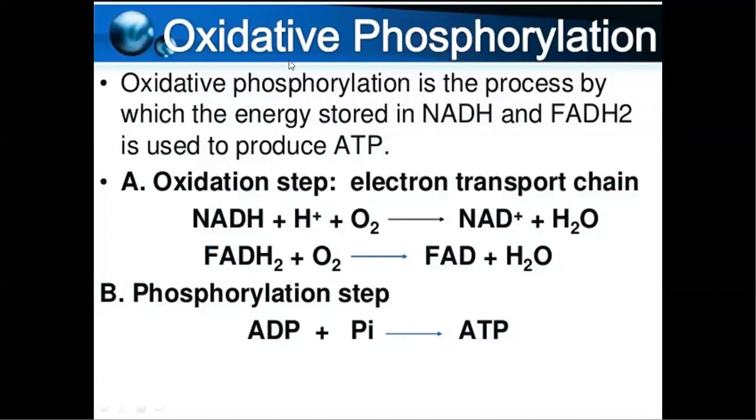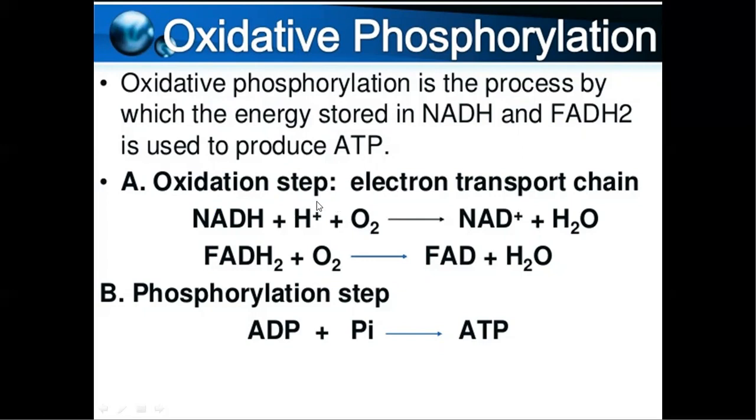The next topic is oxidative phosphorylation. In oxidative phosphorylation, two processes occur: the first is the oxidation step and the second is the phosphorylation step. In the oxidation step, water molecules are formed. This oxidation step occurs at the complex 4 region, where protons react with oxygen in the presence of electrons, forming water.